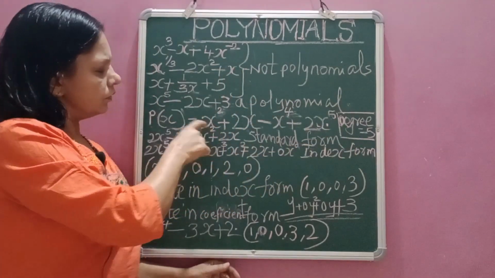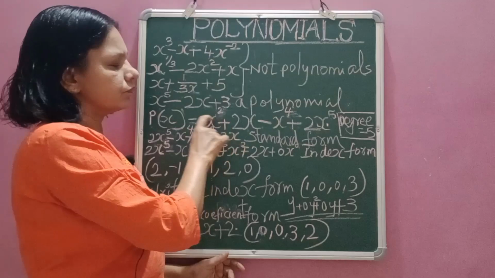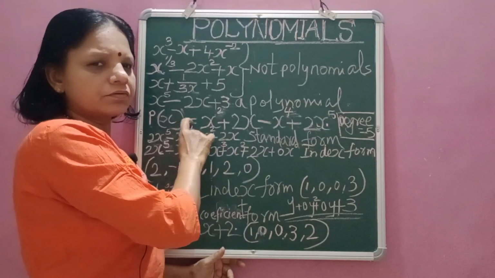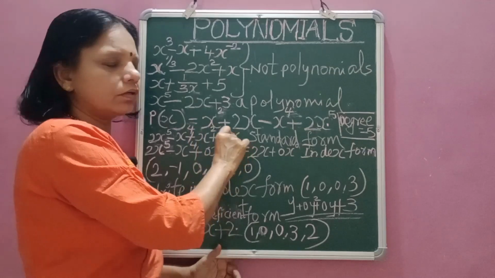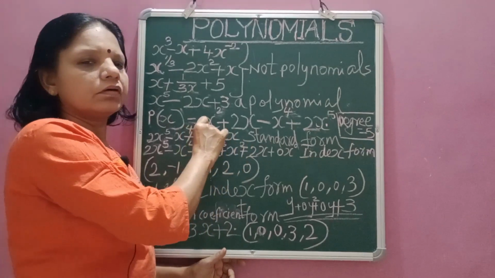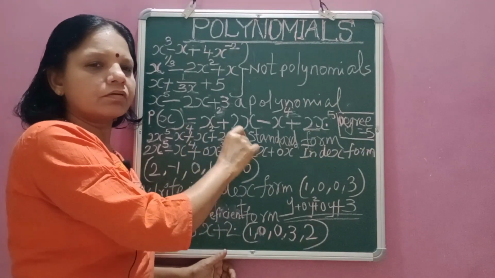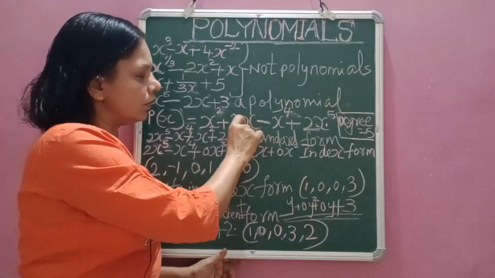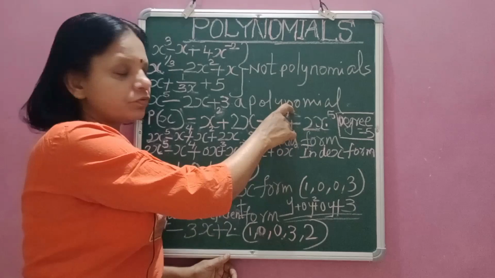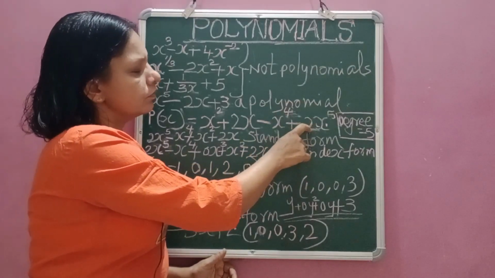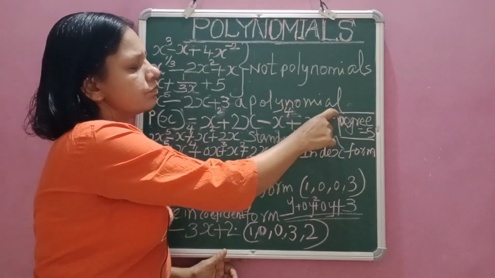Now, in this polynomial, the terms are not in the order of ascending or descending order of the indices. First x square, then x raised to 4, then 2x raised to 5.